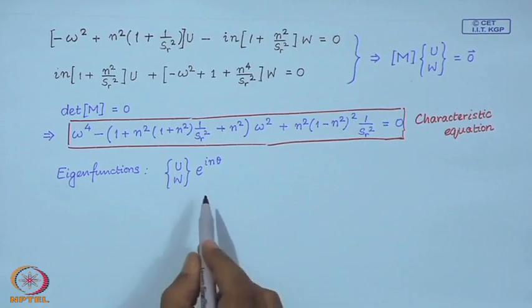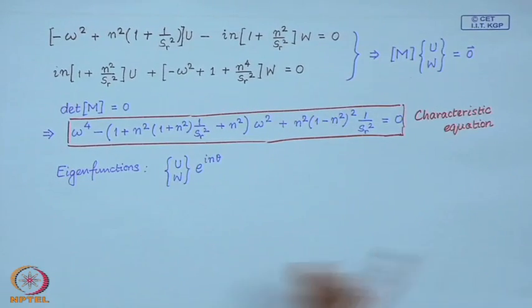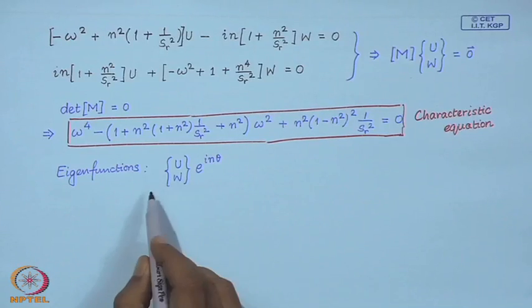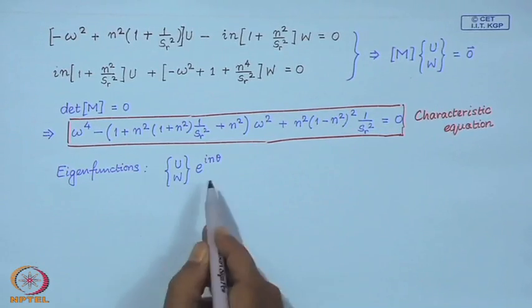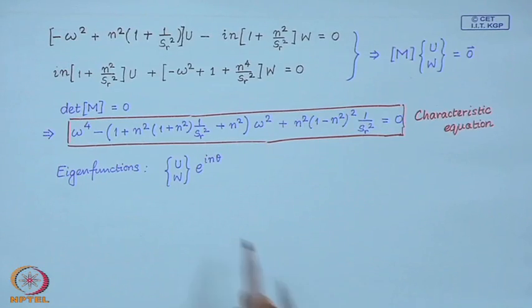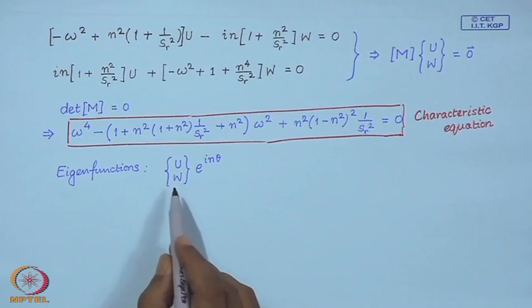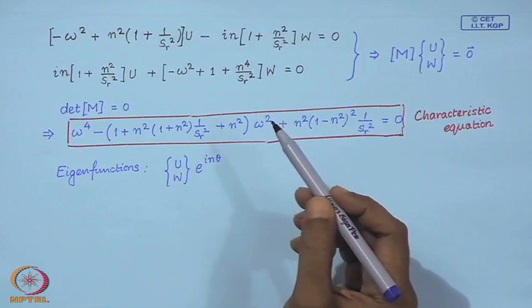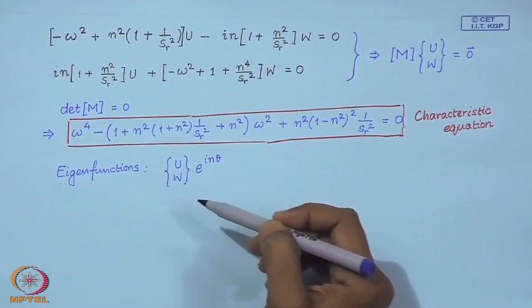Now, we have discussed already that when you have complex eigenfunctions, both the real and the imaginary parts can be the eigenfunctions, and so what we can conclude is that for a given eigen frequency we can have more than one eigenfunction.